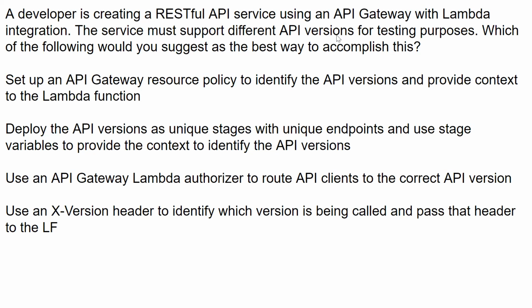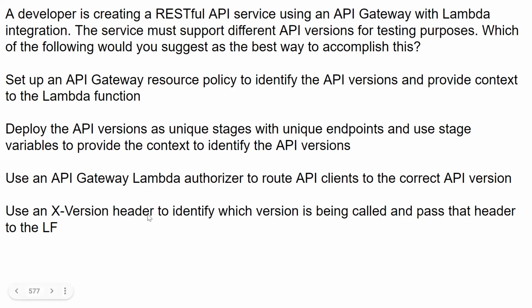Set up an API gateway resource policy to identify the API versions and provide context to the Lambda function. Deploy the API versions as unique stages with unique endpoints and use stage variables to provide the context to identify the API versions.